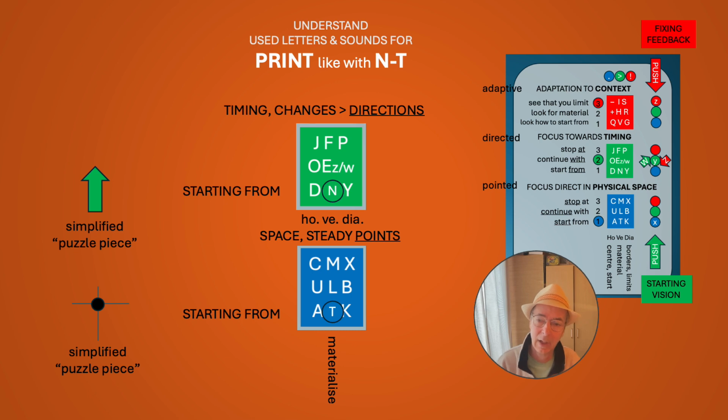The N, like all the letters that are related in that green zone with timing, I always show not as points but as directions, because they show you the changes, the directions, how you follow up the directions. And also there the vertical has a different puzzle piece so that you can remember it well. It's that direction vertical. So even if you can use the same point there, they mean something else.